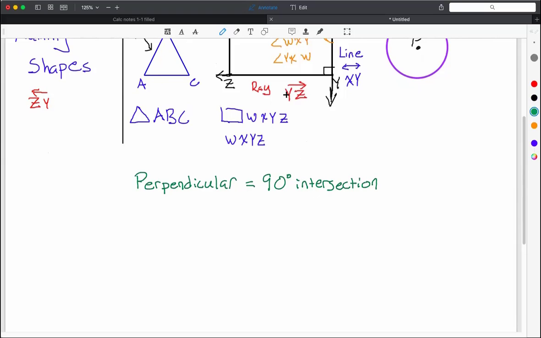What is the notation way of writing that that ray and that line are perpendicular to each other? Does anyone remember the symbol? I think this is like going back to 8th grade. I don't know if you guys learned this stuff.